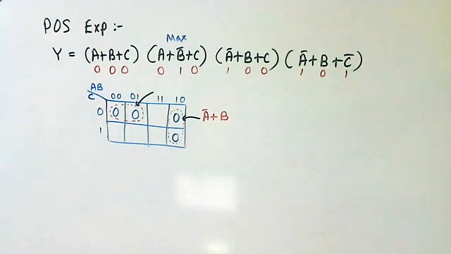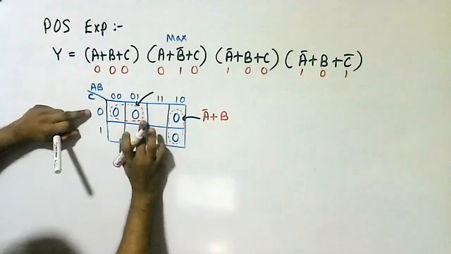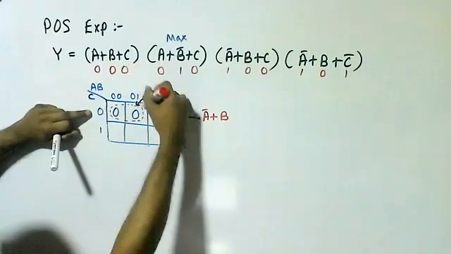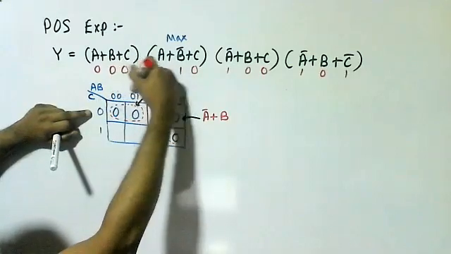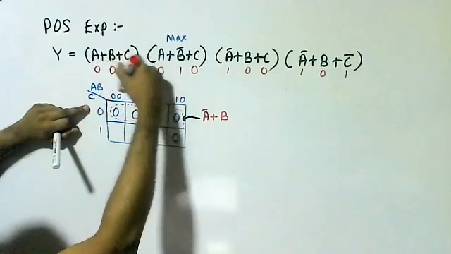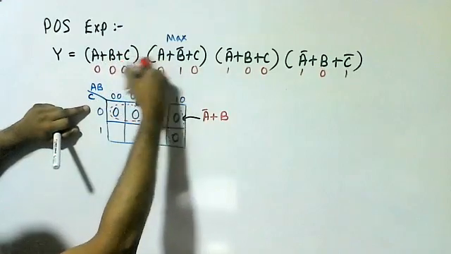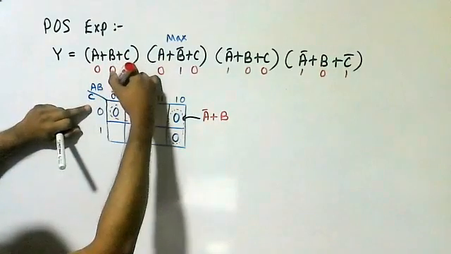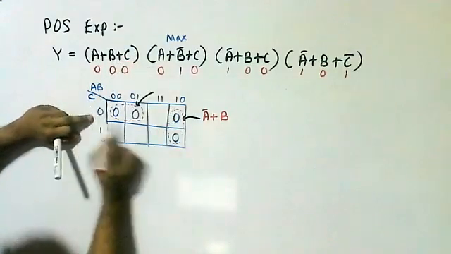Clear? Yes. Right. Now I am coming to here. So here A is 0, here also 0. That means within this group, A is equal to 0. B is 0, 1. The value of B is changing, so we can skip it. And A is 0 and C also 0.